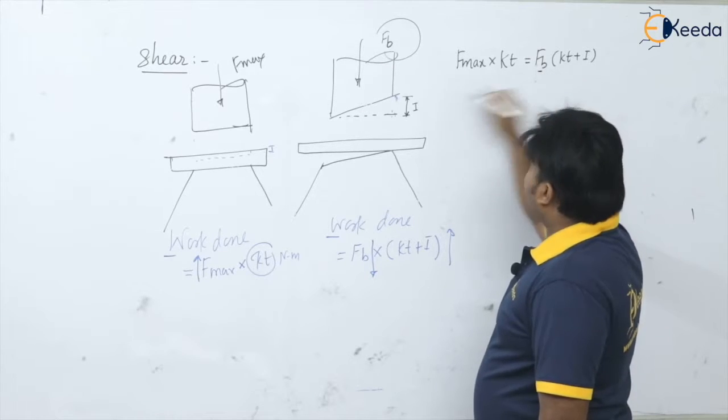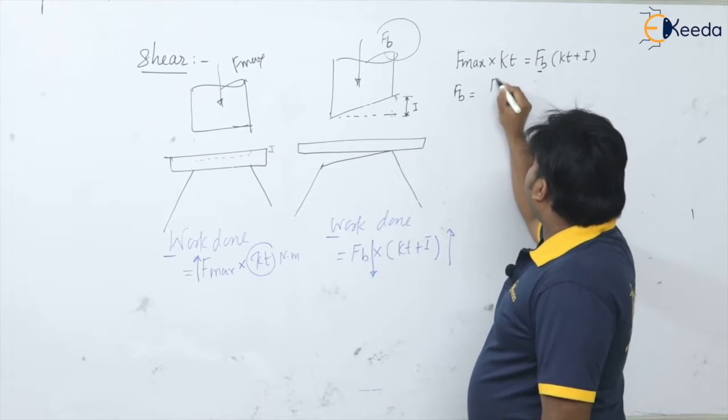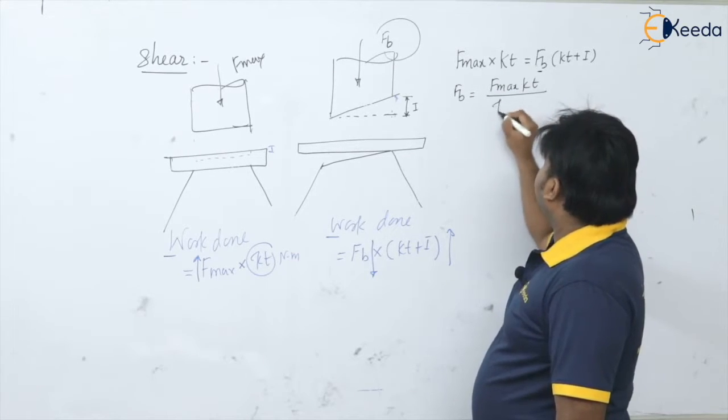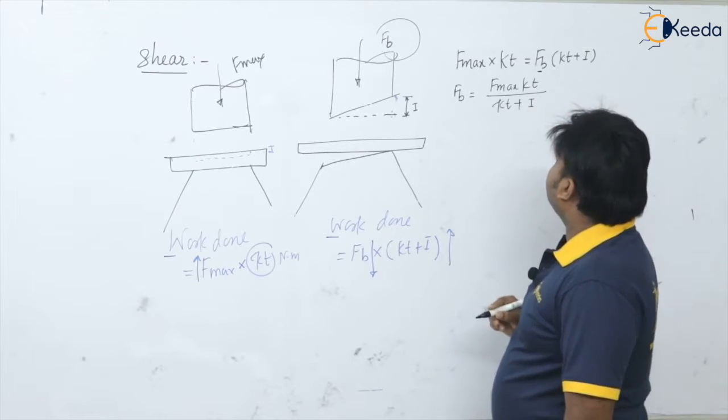The force when shear is provided, that is FB, will be equal to F max KT divided by KT plus I, isn't it?